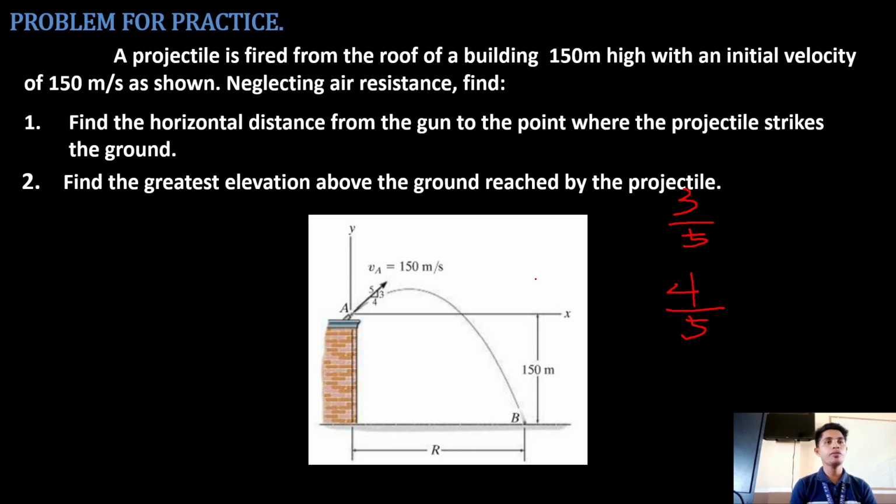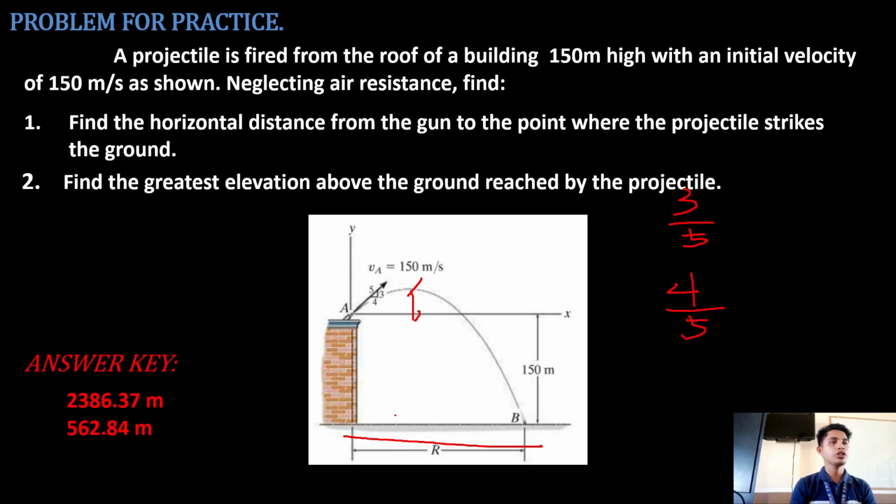Pwede niyo gamitin yung derived formula o pwede niyo rin gamitin yung horizontal projection at vertical projection. Doon sa number 1, yung pinapakompute is yung maximum R. Dito sa number 2, pag na-compute niyo itong maximum range na to, ipa-plus niyo lang sa 150. This will be the answer. Sa number 1, 2,386.37 meters. And sa number 2 is 562.84 meters.